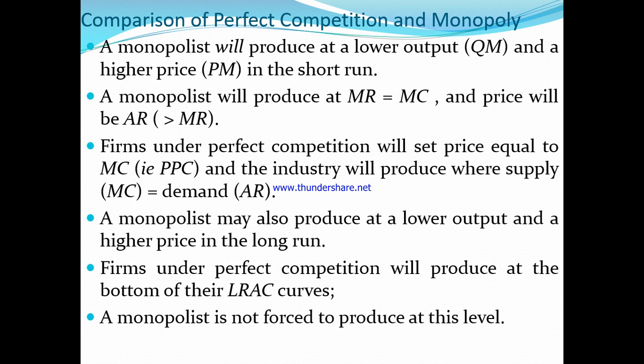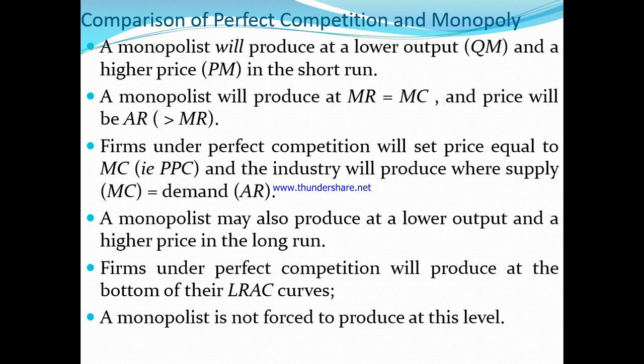There is this question that these examiners enjoy bringing, and it looks at the differences, or comparisons, between perfect competition and monopoly. They really bring questions about this.